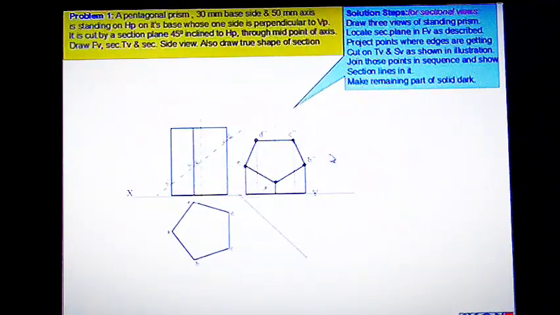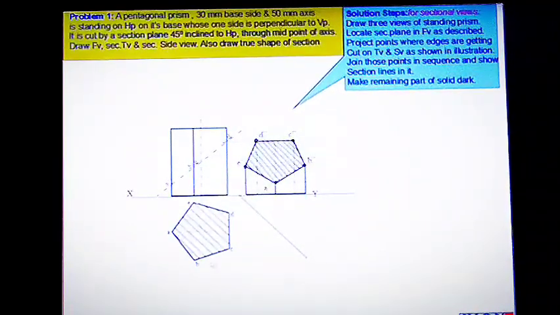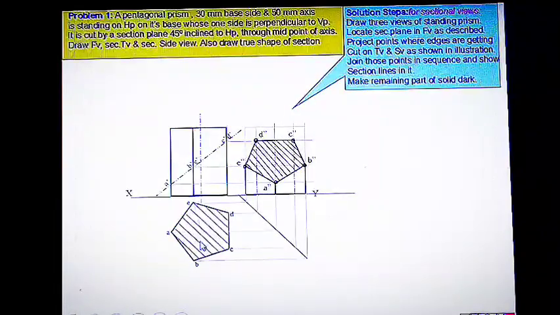Now we can finish the sectioning process by hatching the sectioned surface. Similarly, this top portion is removed and the observer looking from the top can see the apparent surface here. Here we can hatch the sectioned surface A, B, C, D, E like this.